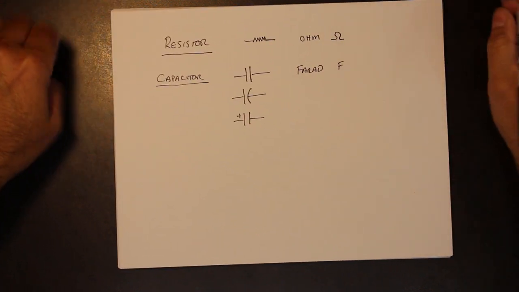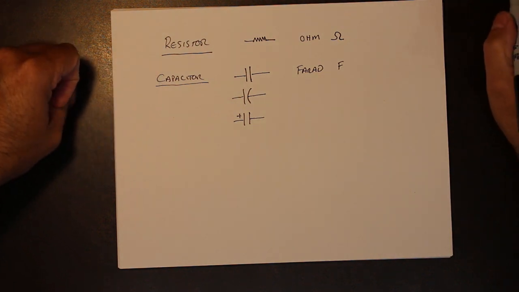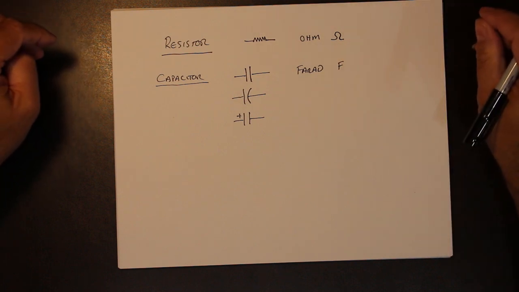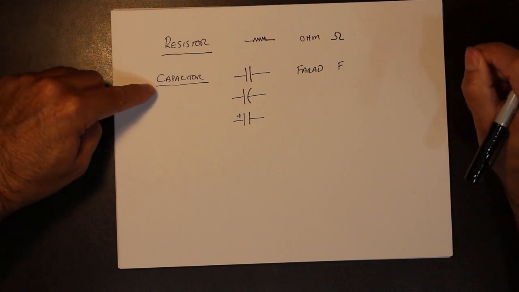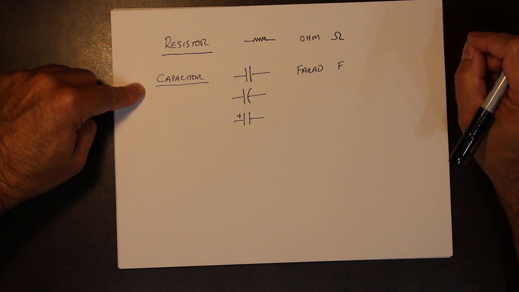F for farad. Basically, a capacitor in the realm that we're dealing with is a small storage device. So it stores an electrical charge.